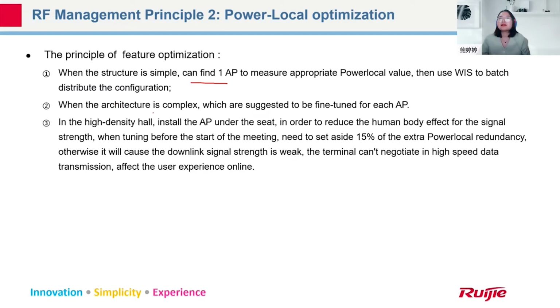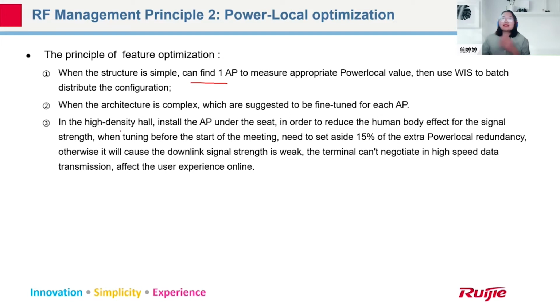But if the architecture is complex, we suggest fine-tuning each AP one by one. For example, in a studio scenario we may need to deploy lots of APs, but if you directly make all the AP power levels smaller, the coverage may not be enough for us.